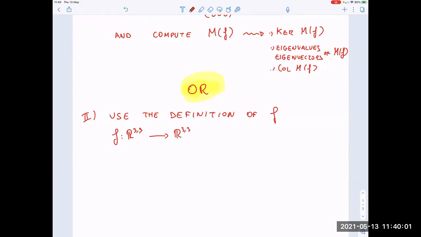Just bear in mind that if you compute the associated matrix, it's going to be huge, 9 times 9. When you go for the eigenvalues, the characteristic polynomial will have degree 9, and computing the roots can be difficult, and it's also easy to make mistakes while computing that degree 9 polynomial. So you see why the computational approach is probably not the best.